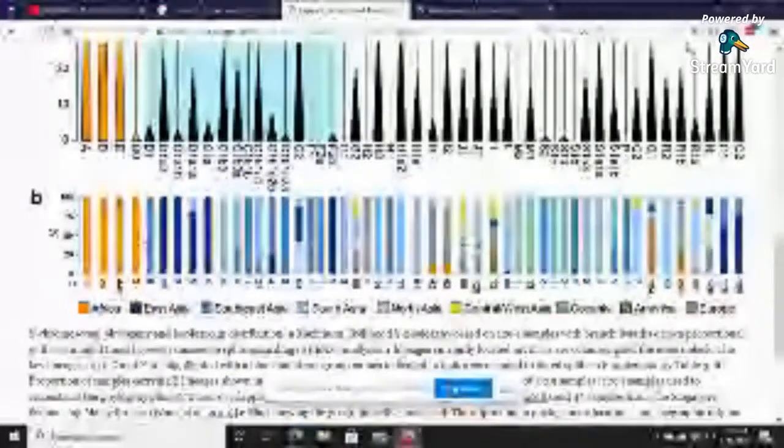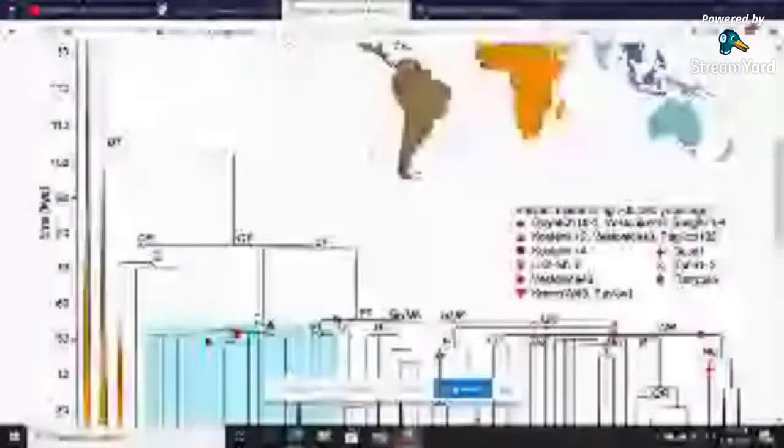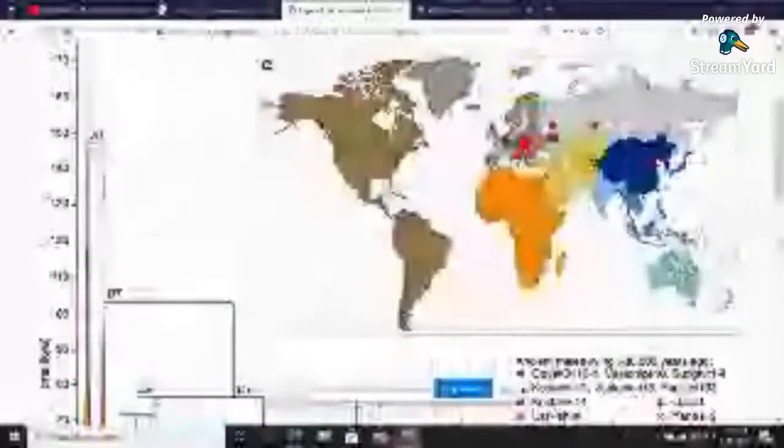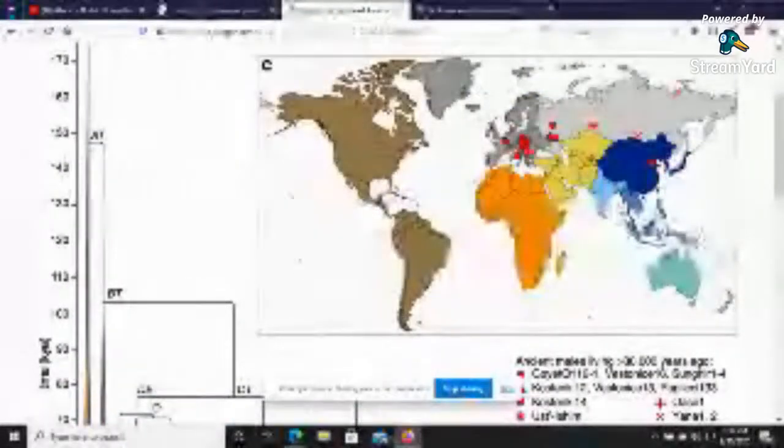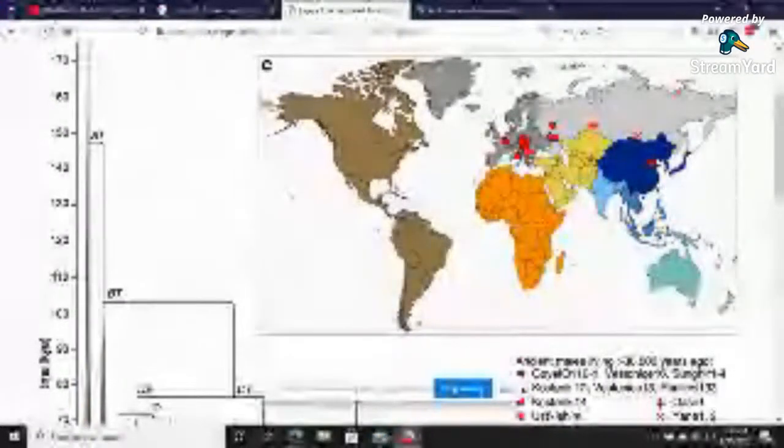Well, maybe that's the D1 here. This D1 might be the Andamanese Islands. Let me see what we got here. Which is, yeah, it's right here. That where the arrow is, if you can see that, that's the Andamanese Islands. Look like pretty big islands, too.